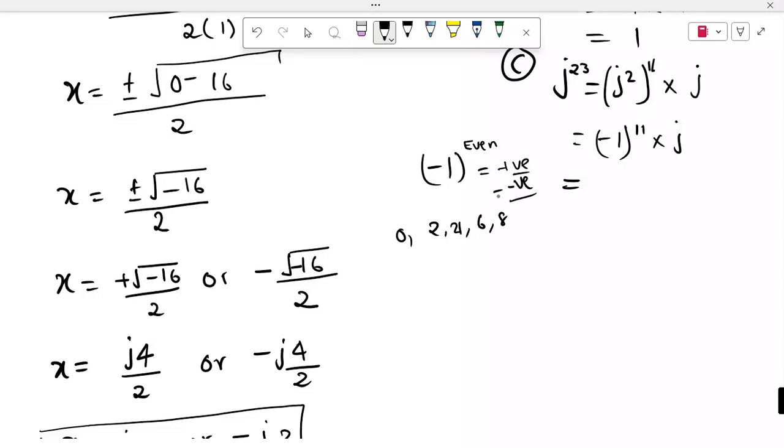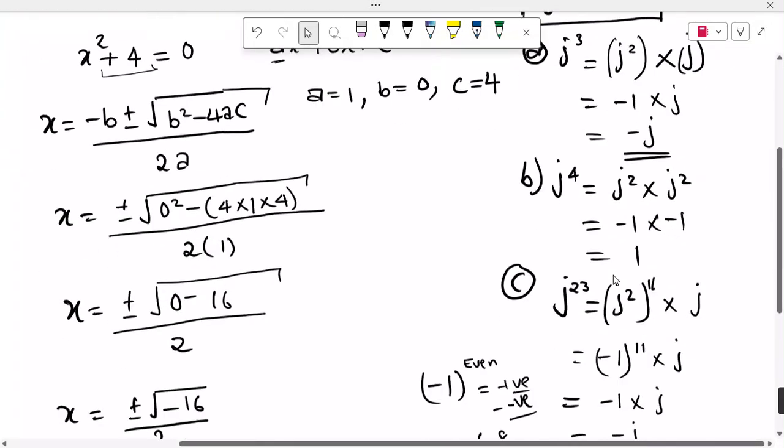You just have to know even numbers: numbers divisible by 2 without giving any remainder. So if you divide 0 by 2, it is 0 without any remainder. 2 divided by 2 is 1 without any remainder. So if the power is not an even number, you know that it will be negative. So here you have negative 1 times j, so your answer is negative j.